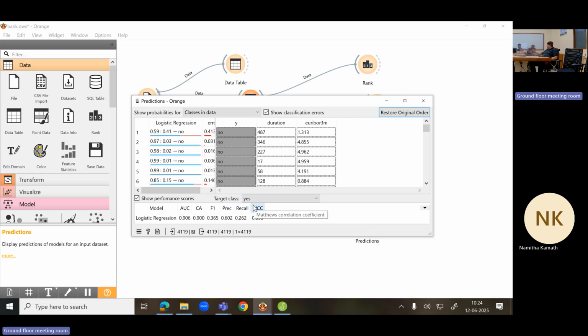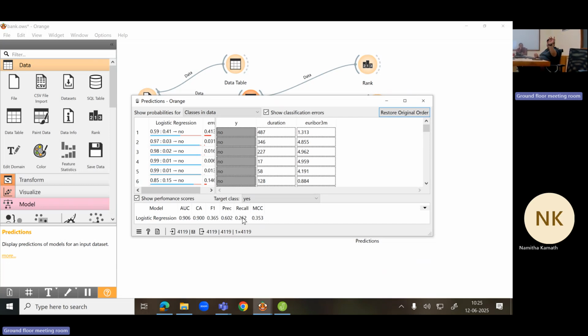Target class means the category in the dependent variable which we are interested in. In our dependent variable y, we are interested in the category of yes. That is what we call the target category or target class. Keeping that in mind, after assessing the predicted value and the actual value, these scores come into the picture.